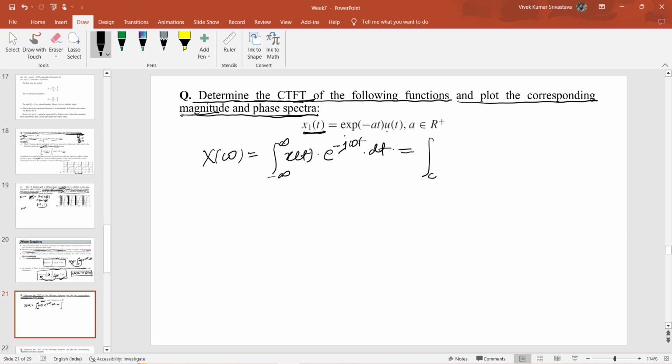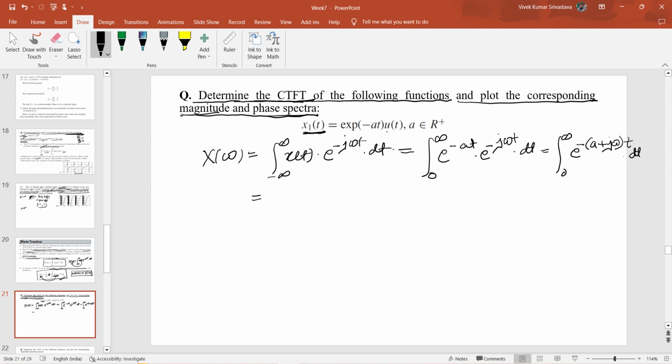So the limit of integration will change from 0 to infinity: e raised to the power minus at into e raised to the power minus j omega t dt. Now we can further write it as e raised to the power minus a plus j omega t dt.